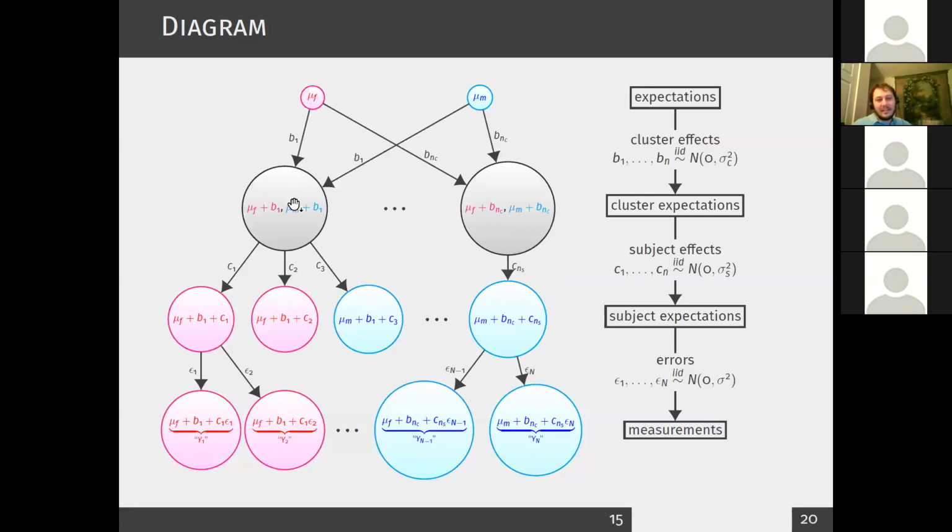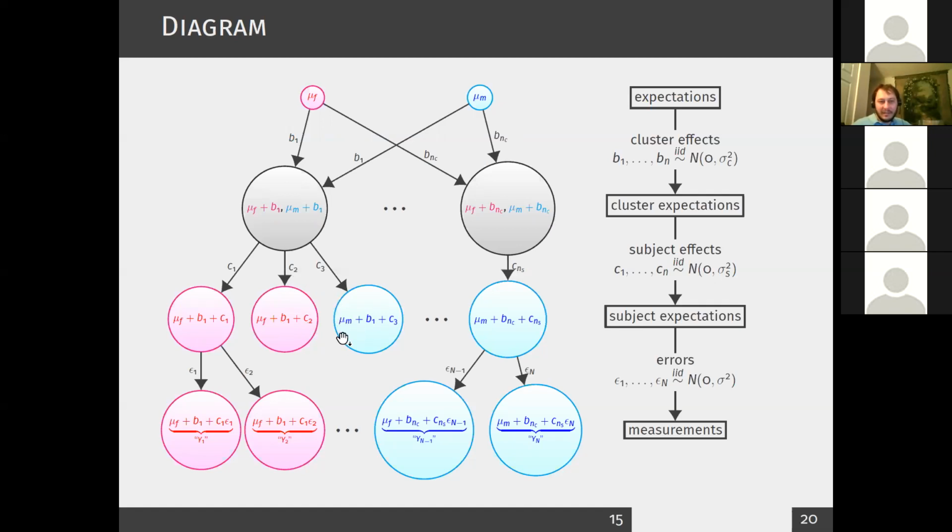All right, so at school 1, there are, let's say, these 3 students. Student 1 is a female who has her own SAT score effect. Student 2 is a female who has her own SAT score effect, and her expected SAT score is the female average plus the school effect plus her individual effect.